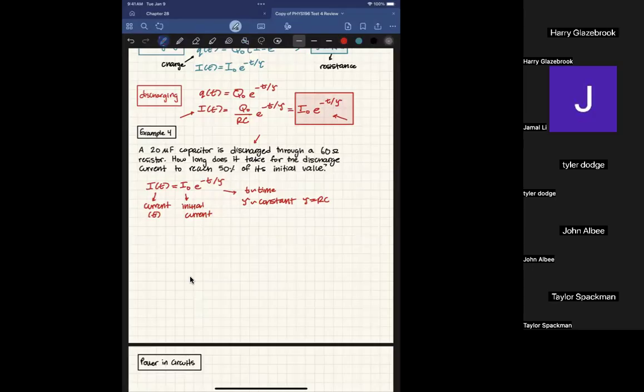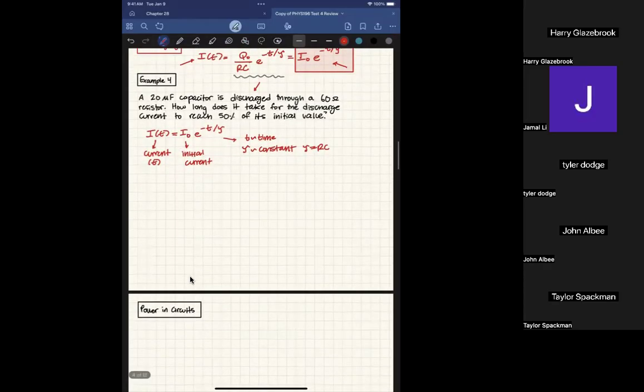So look this up. It's in your textbook, but you'll rarely use it. You're mostly just going to use this guy right here. Just know that that's there if it ever asks you to find the initial current, which it rarely does.